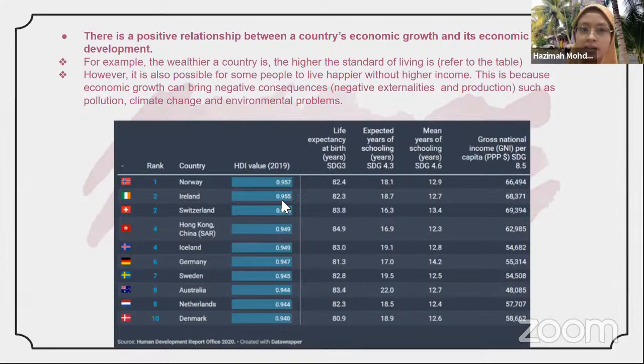So this is the relationship that the wealthier a country is, the higher the standard of living, meaning the higher the economic growth, the higher the economic development. Okay. However, it is also possible for some people to live happier without higher income. This is because economic growth can bring negative consequences, negative externality of production, such as pollution, climate change, and environmental problems. Okay. So far, you have any questions?